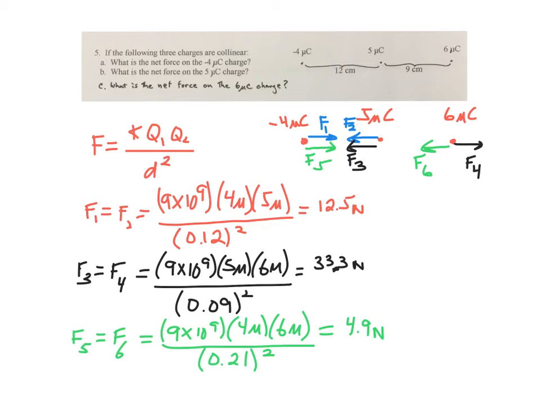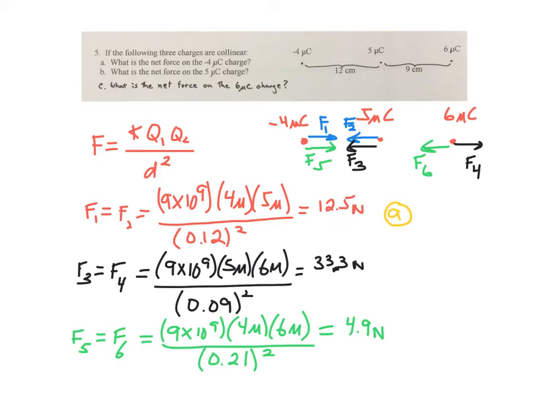Okay, what I need to do in this problem is find the net force. In part A, I need to find the net force on the -4 microcoulomb charge. When I look at the diagram, for the -4 microcoulomb charge, it has 2 applied forces, F sub 1 and F sub 5. They're in the same direction, so it's just simple addition. F1 is 12.5 newtons, and F sub 5 is 4.9.